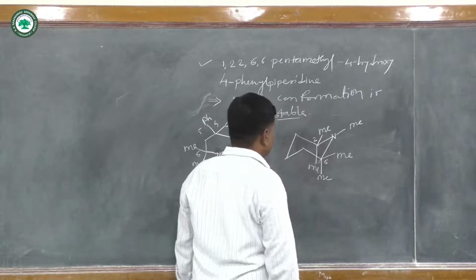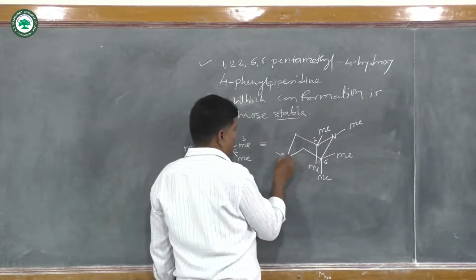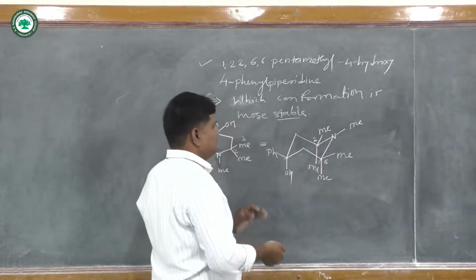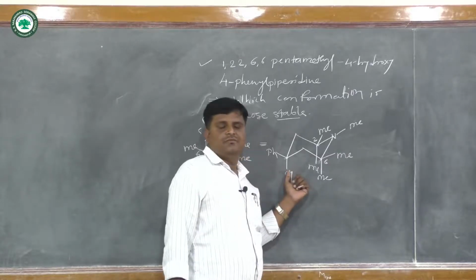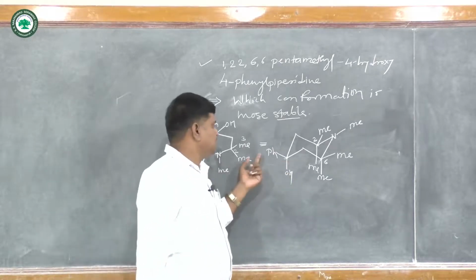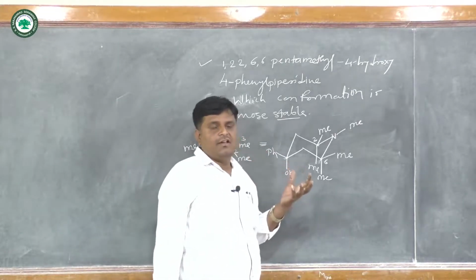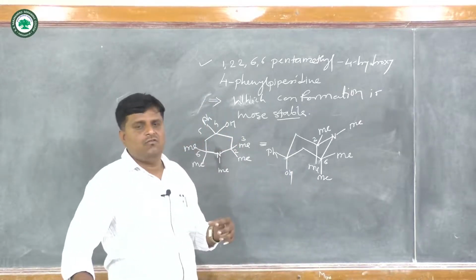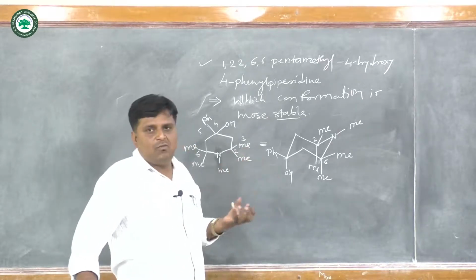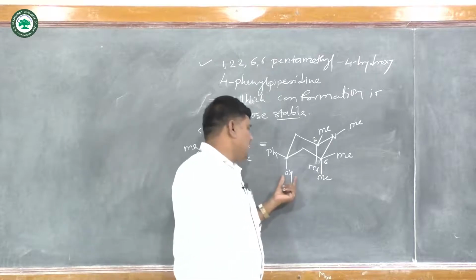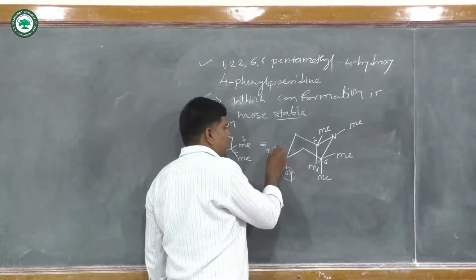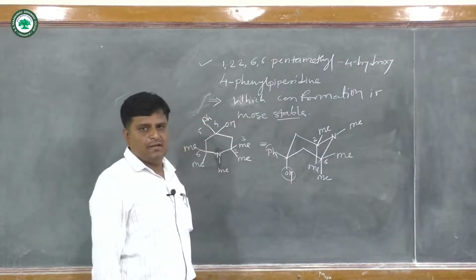So these are the pentamethyl, and at 4 we write phenyl and hydroxyl. Why would I represent the hydroxyl group on the axial position, and why not equatorial? Here we compute the size of the substituents present on the same carbon atom. The phenyl group is somewhat bulkier than the hydroxyl group, so we put the hydroxyl at axial and phenyl at the equatorial position.